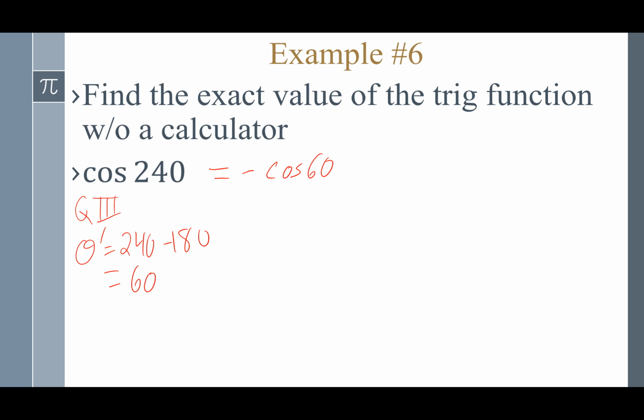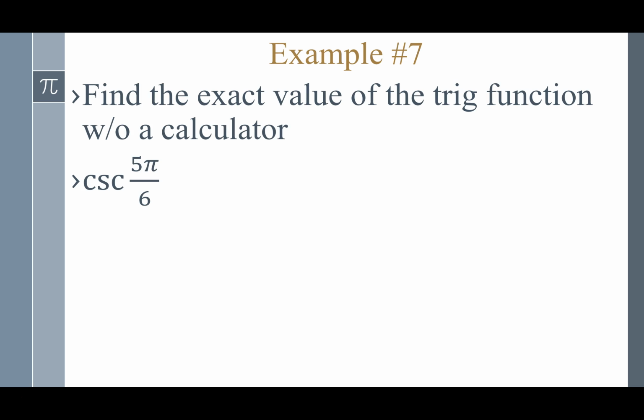Alright, so then from there we just want to simply identify, using the chart we just saw, the actual value of cosine of 60, again without the aid of the calculator. And without the aid of the calculator, the value of cosine of 60 is supposed to be a half. So since it's negative, this would be negative 1/2. That wouldn't be too bad if you accidentally use your calculator instead. You would get negative 0.5, and then hopefully you were smart enough to put it in fraction form.